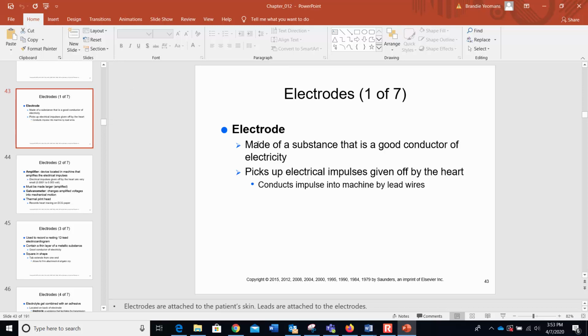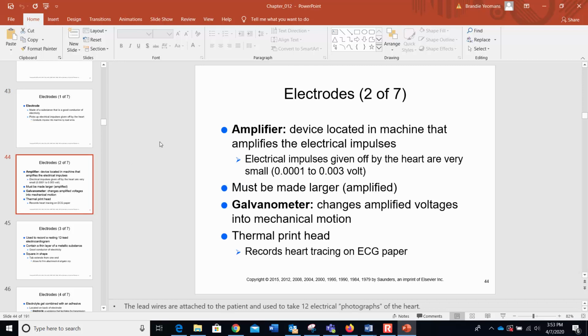The electrode actually picks up the electrical impulses given off by the heart, and it takes them to the lead. There are amplifiers, which are devices located in that machine that amplify the electrical impulse. Then we might see some of those things go from this percentage of voltage to this percentage of voltage.